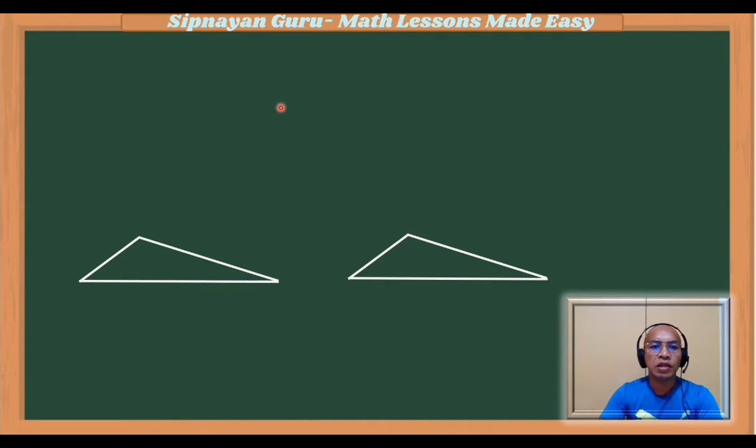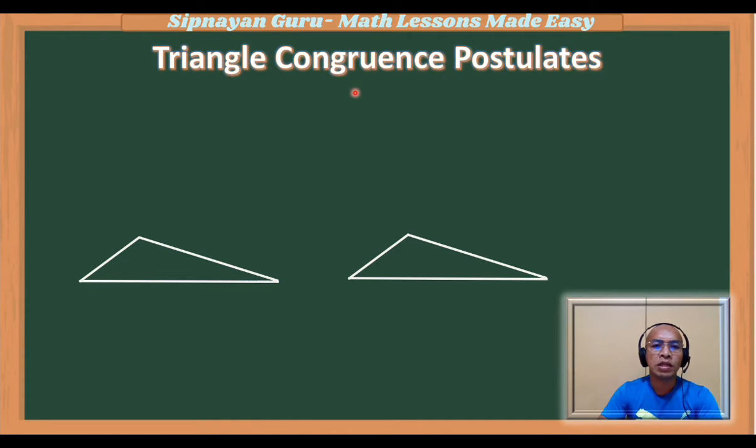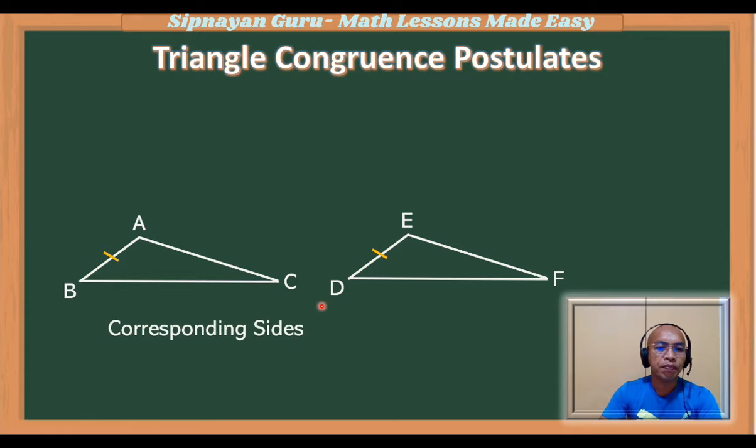After learning these key terms and concepts in geometry, I believe we are now ready to discuss and illustrate triangle congruence postulates. So let's illustrate this concept using these two triangles. This is triangle ABC and triangle EDF. Suppose AB is congruent to segment ED.